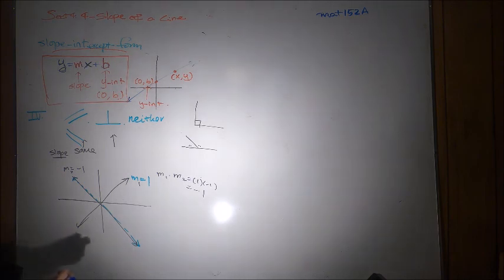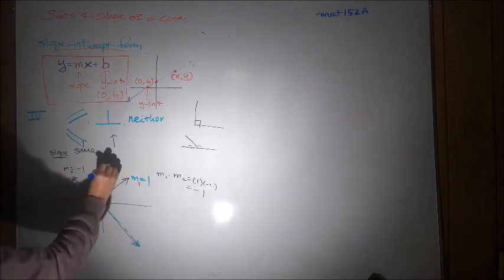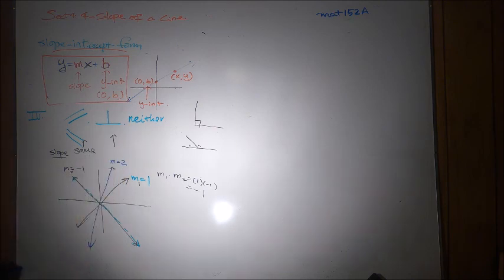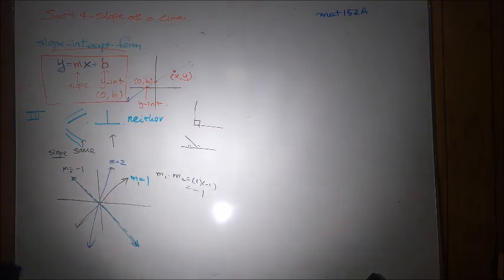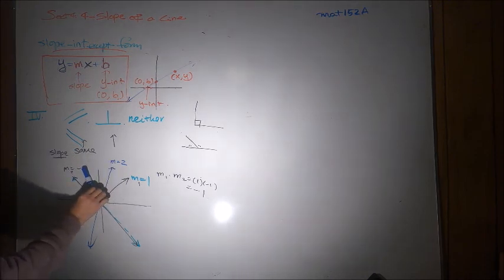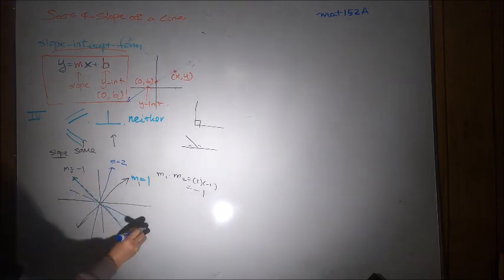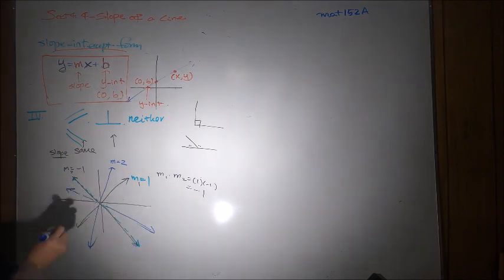If we have a line like here, m equals 2, then where is the perpendicular line to this blue line? So it will be here or here? It will be lower, right? Like here. So the slope will be what?